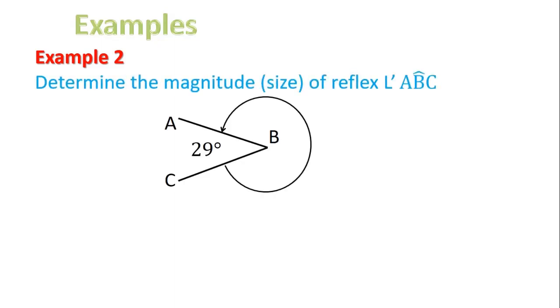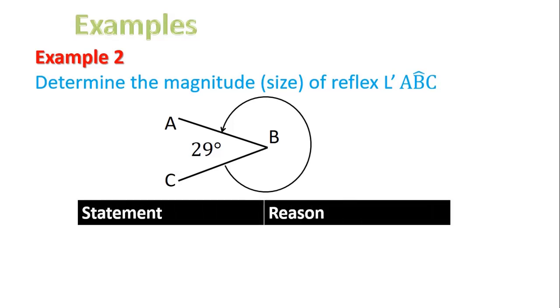Let's look at another example. Example 2. Determine the magnitude or size of the reflex angle ABC. Alright, so statement and reason, this is how we set it out. If we look at it, we have two possible angles there.